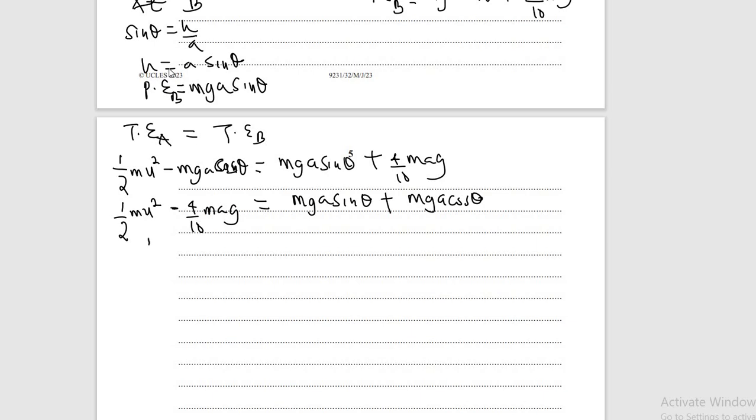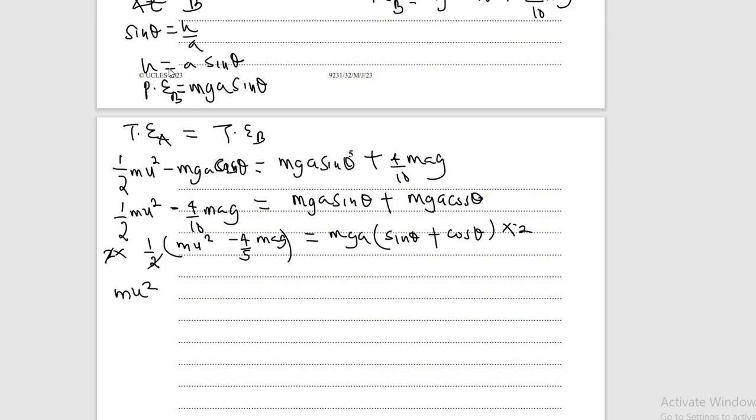From here, half is common. So what do you have here? mu squared minus 4 over 5 mag equal to mga common, we have sine theta plus cos theta. So multiply both sides by 2. 2 cancels 2.